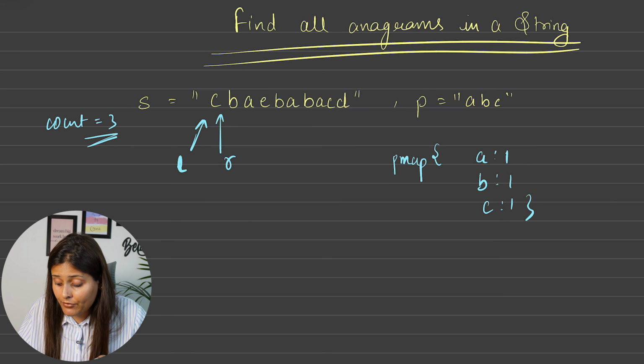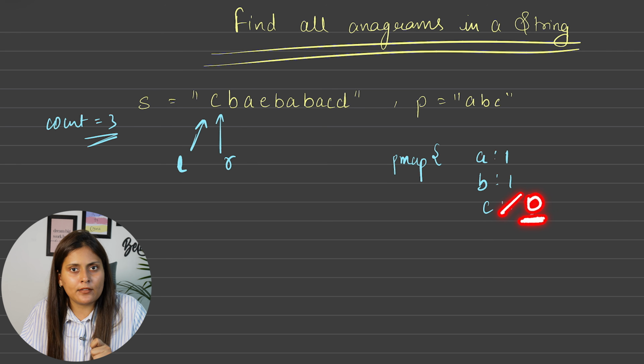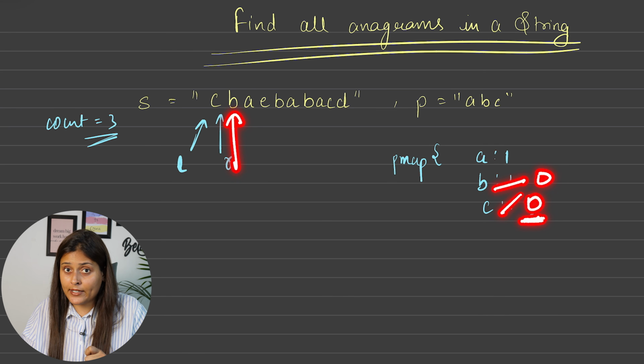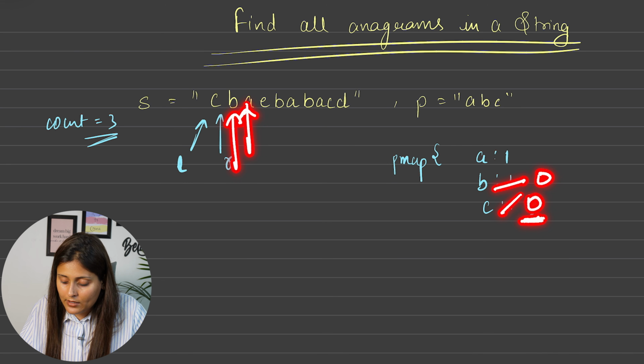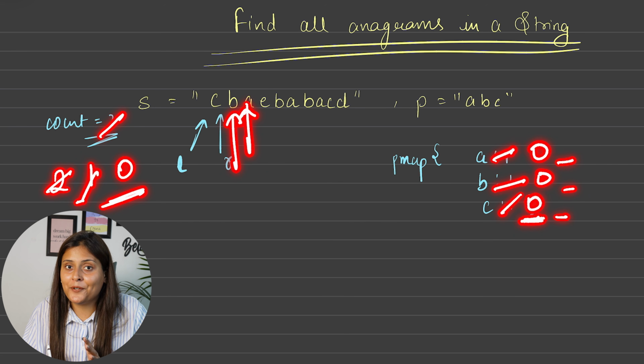Correct, because if I decrease it and it becomes 0, then I can say yes, everything was found from the C character. Similarly when I encounter B, it will also get decreased to 0, and I can say everything got found. Similarly for A, decrease to 0, and whenever we encountered one, we would have decreased our count also, correct, and count also becomes 0. So now I can say it is valid.